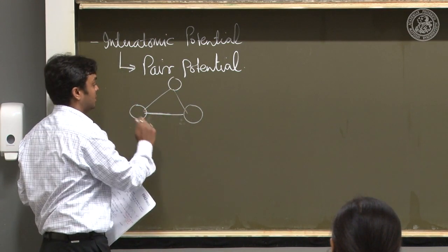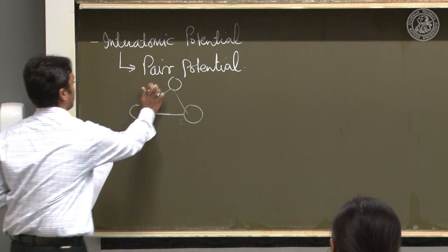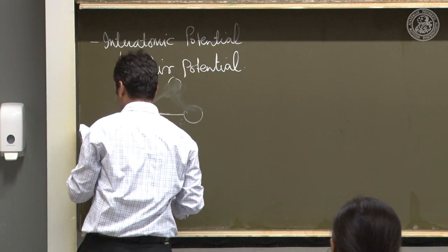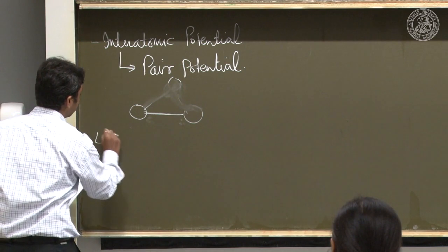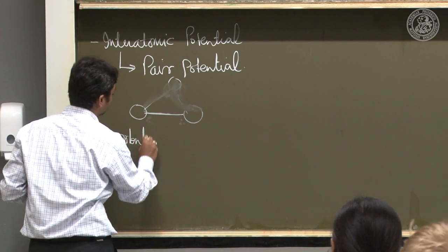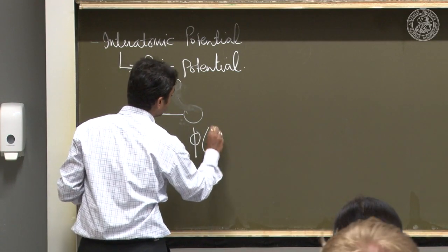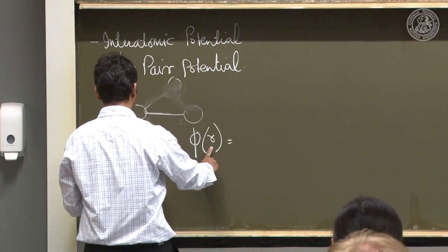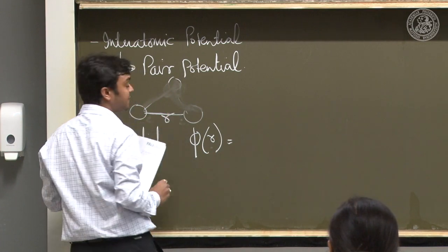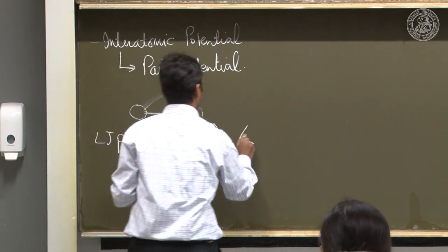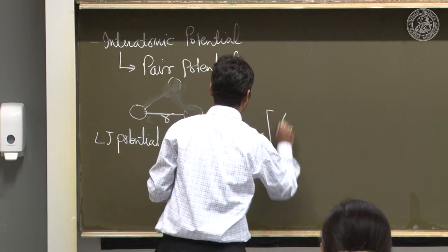One example is the LJ potential, the Lennard-Jones potential, where the bond energy is a function of the bond length R, which has some form like this.